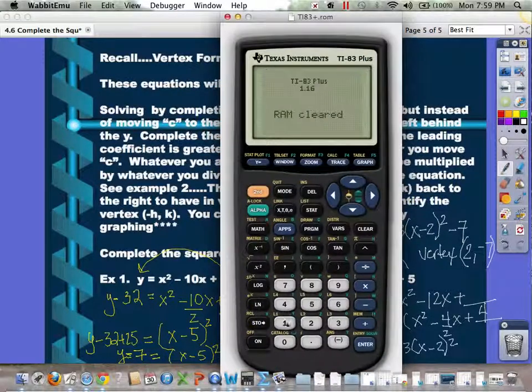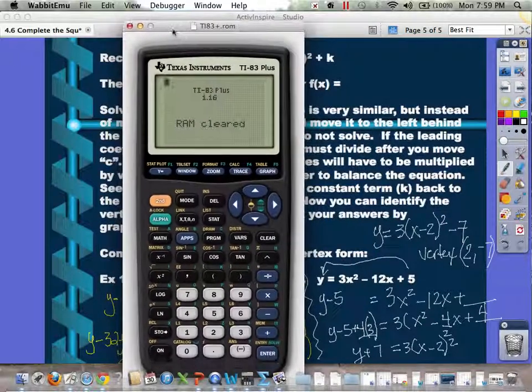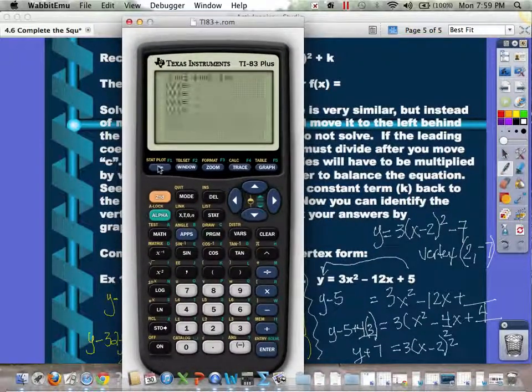Let's pull it back up and move it out of the way. If I want to check it, I'll go to y equals, and I'm going to put in the original, so it's 3x squared minus 12x plus 5.